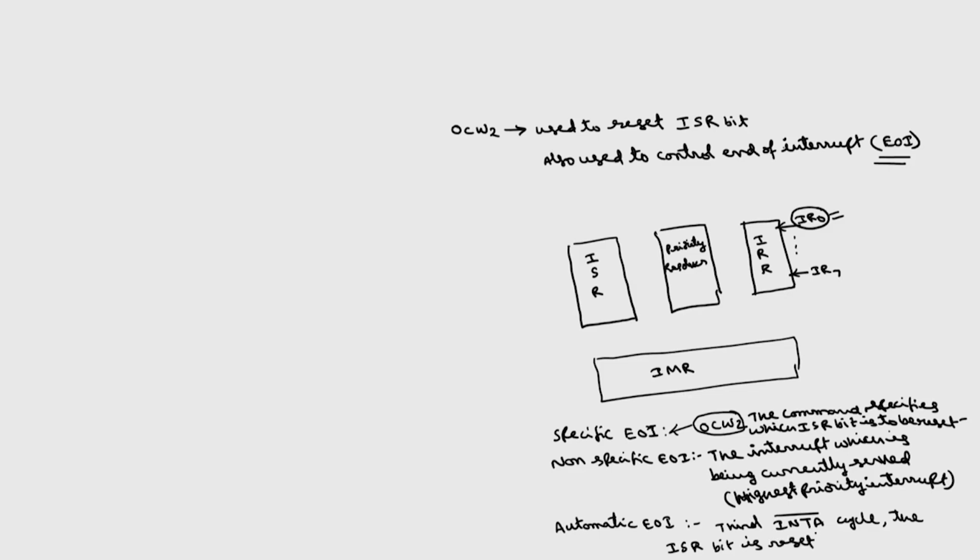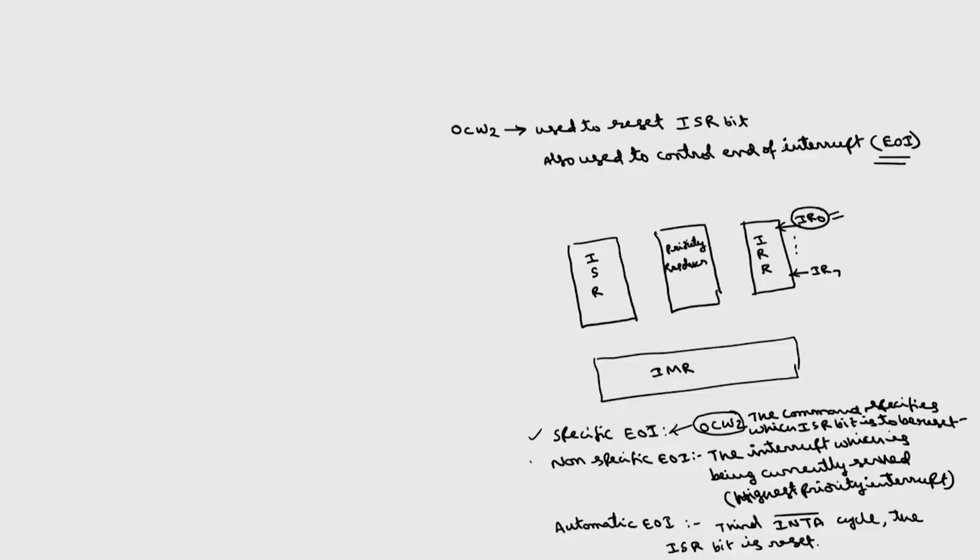But the drawback of this automatic EOI is that the ISR does not have any information on the interrupt which is being processed. That is the drawback of this one. So normally we will use either specific or non-specific EOI.